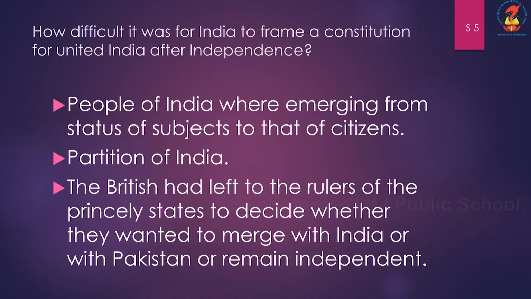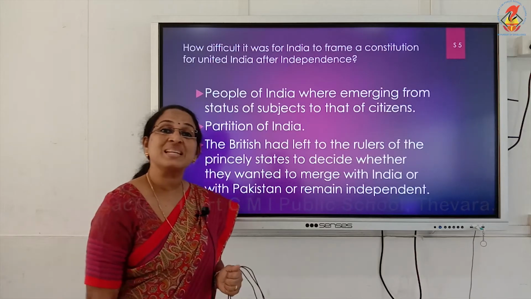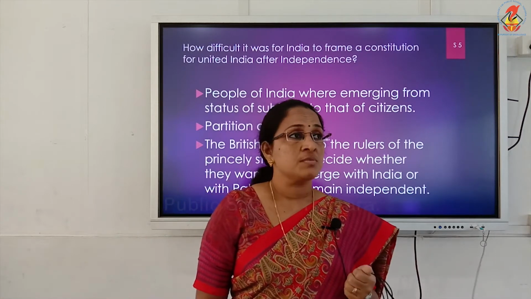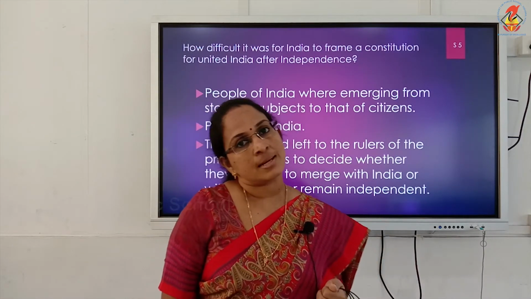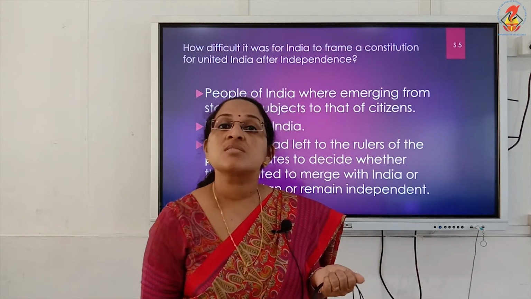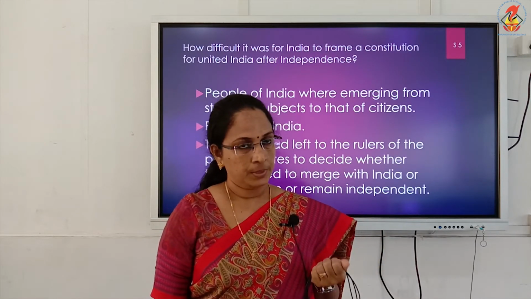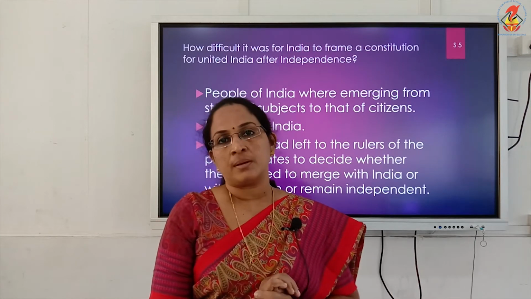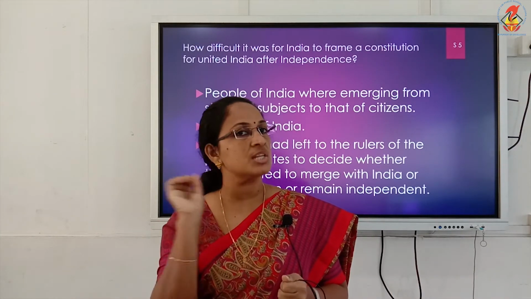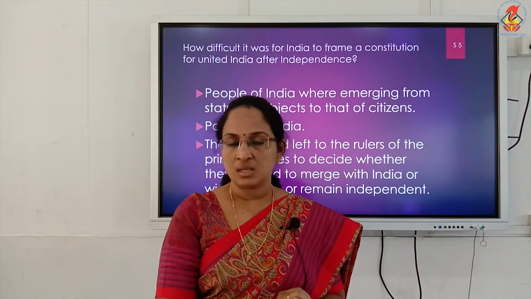And the last one: the British had left, and that was a problem with the princely states, children. The third difficulty was the problem with the princely states. Princely states means the areas under regional rulers. At the time of independence, there were certain princely states, areas under regional rulers, in India.